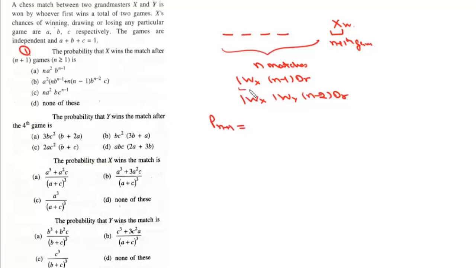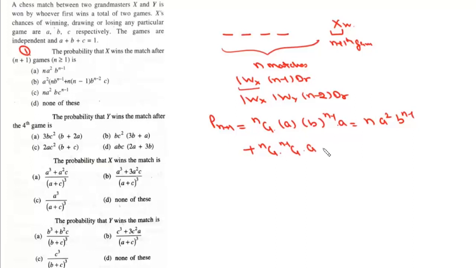Now one match, 1 by X. So it will be nC1 and then A, then n minus 1 draws, so B to the power of n minus 1, and then the n plus 1th game A wins. So it will be n times A square B to the power of n minus 1, plus the second case: 1 win nC1, now 1 win for Y, n minus 1 C1.